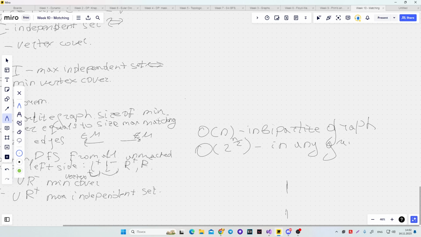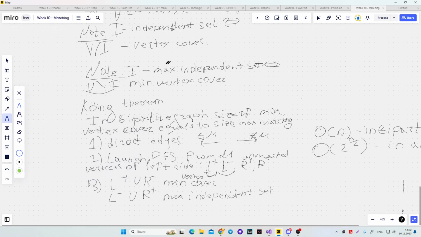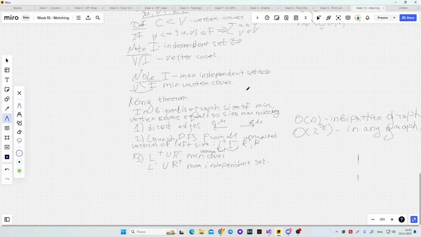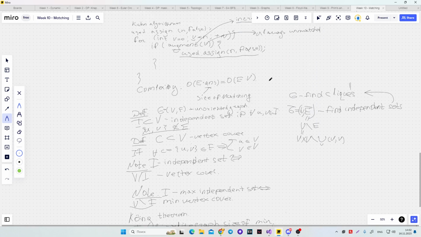So this algorithm is very useful if we have a bipartite graph. I will prove it and this theorem a little bit later.